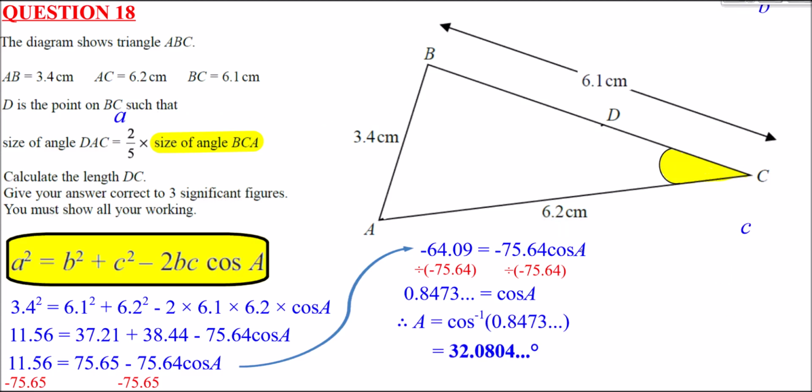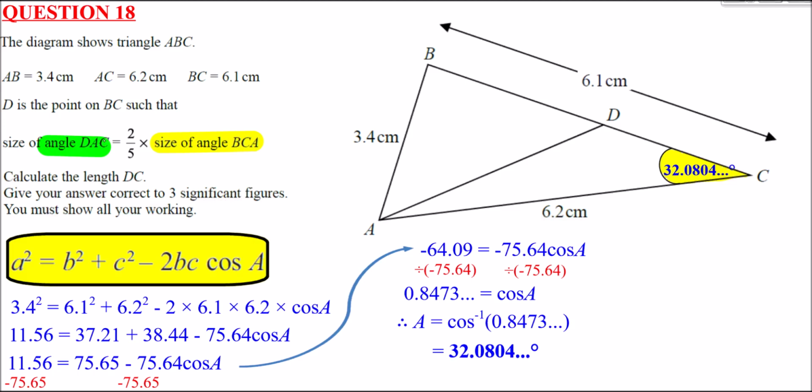So if I label in here, this is 32.0804. We can now return to thinking about what angle DAC is going to be. If I put this line back in here and slowly forget about the outer triangle ABC, so all this can go away, we just focus on this triangle ADC in the middle, and we can think about what angle DAC is.